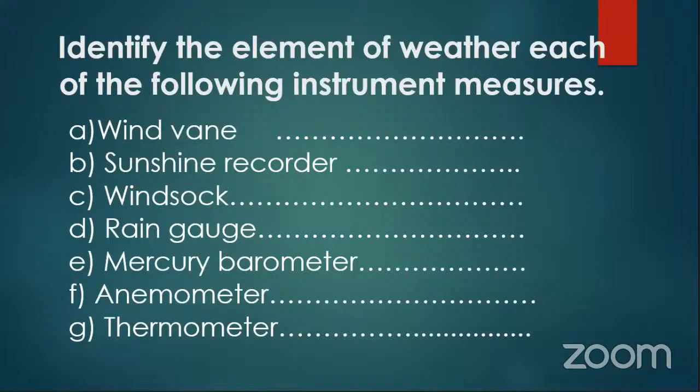We have said this is an instrument used to measure atmospheric pressure. How can someone use this instrument to measure atmospheric pressure? Yes, Isingoma, you tell us. It consists of a beaker.